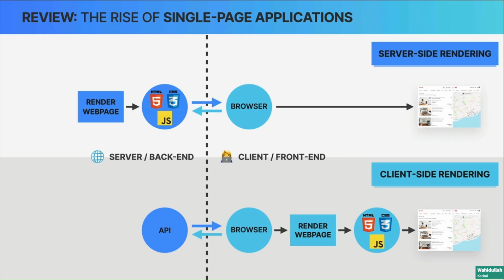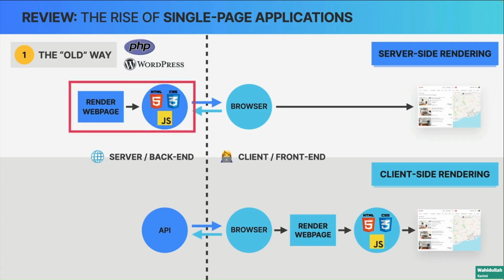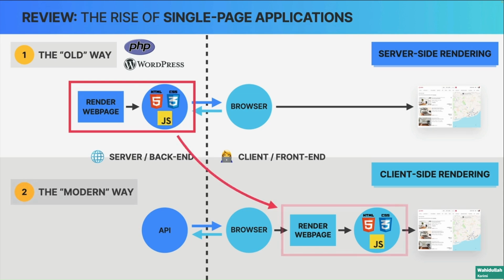So back then, we learned that in the old days of PHP and WordPress, websites were always rendered on the server and then sent to the browser, so to the client. But then, as web applications needed to become more and more dynamic and interactive, we moved into a more modern era where the rendering of the application or web page shifted from the server to the client.